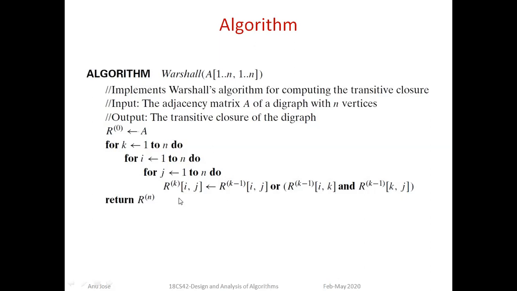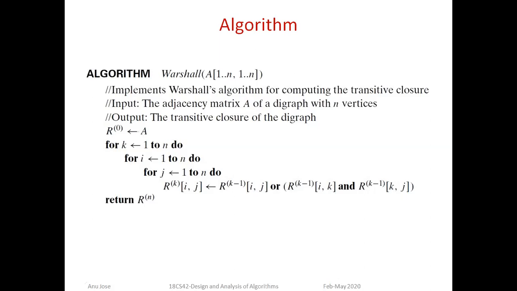So this is the only line which is explaining Warshall's algorithm. Rk of ij we will be getting either from Rk minus 1 of ij, that was already existing, that is, a path was already existing in the previous step itself between I and j, that you will directly copy to Rk of ij.